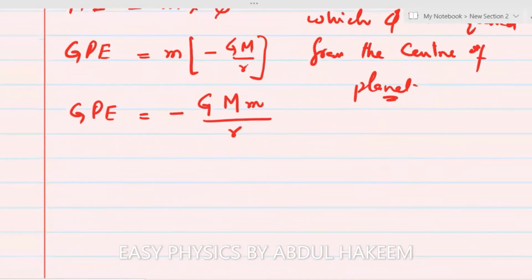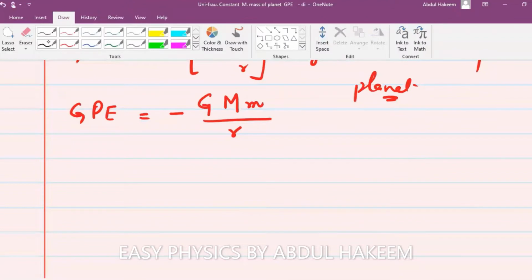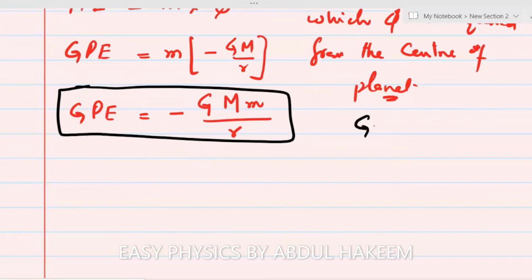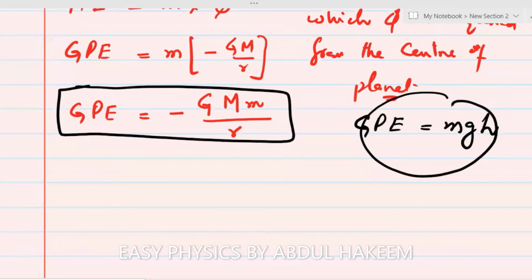So this is the formula for the potential energy. But gravitational potential energy is simply mgh. So what's the difference? This formula is valid when h is smaller than the radius of the planet.